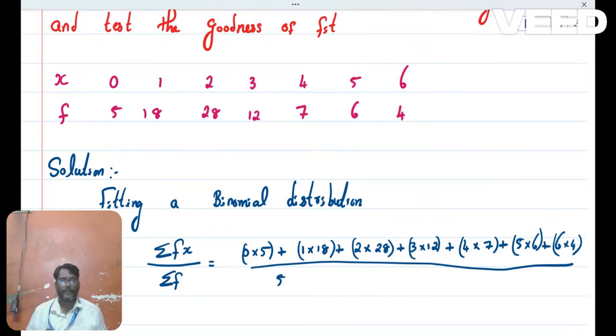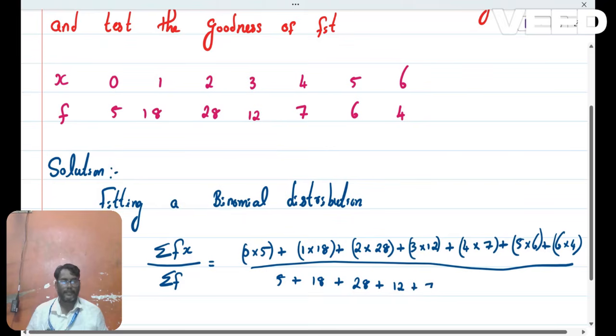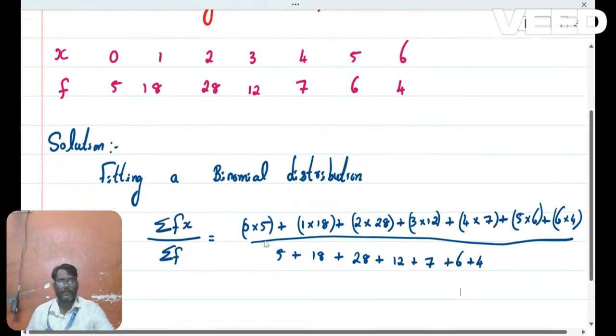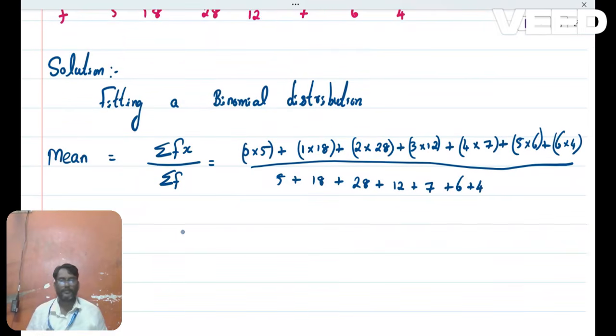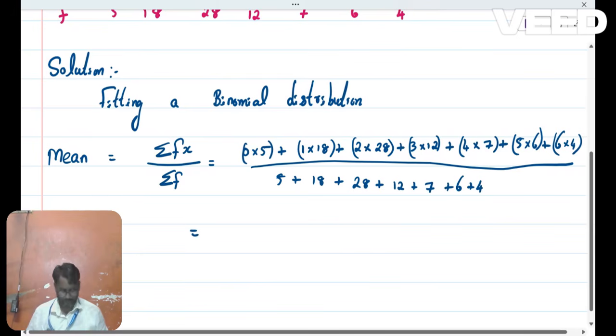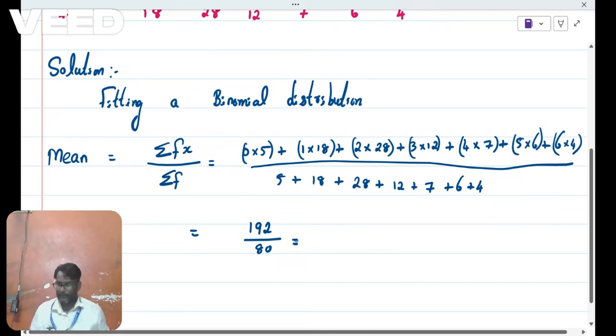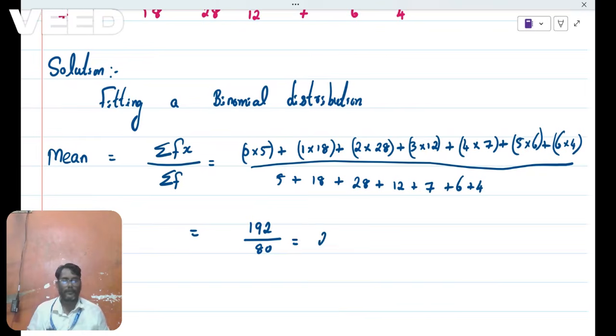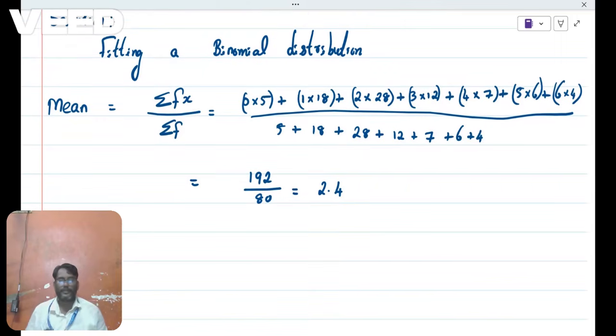So that is 5 plus 18 plus 28 plus 12 plus 7 plus 6 plus 4, which is equal to 192 divided by 80. So this value is equal to 2.4.